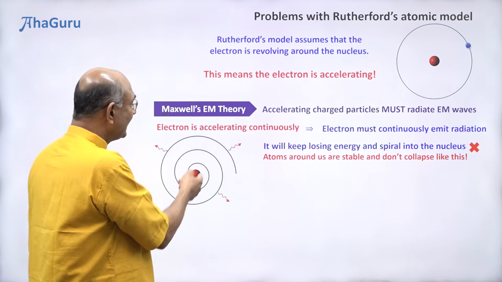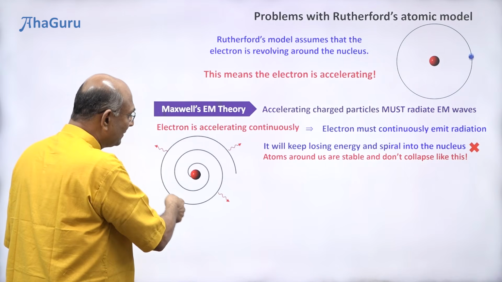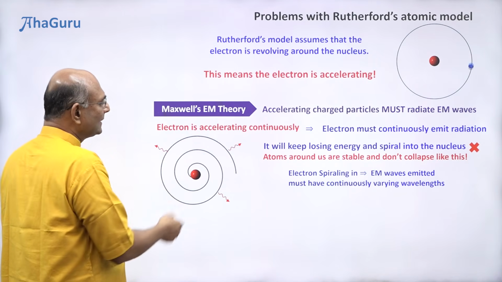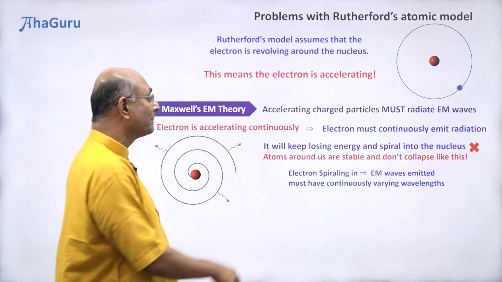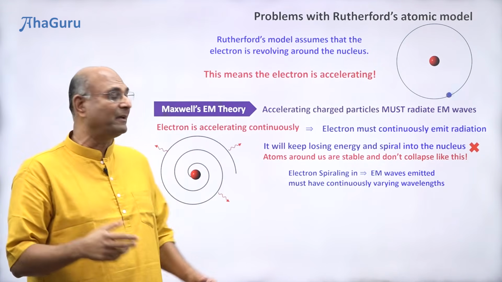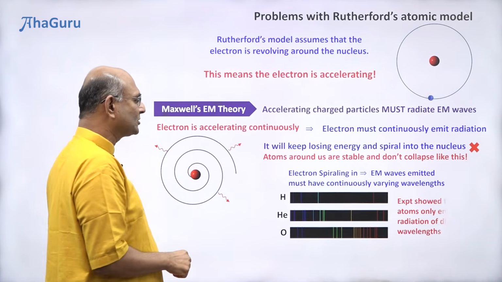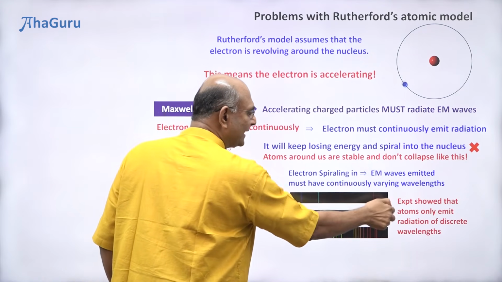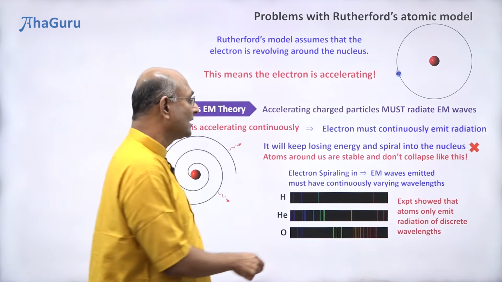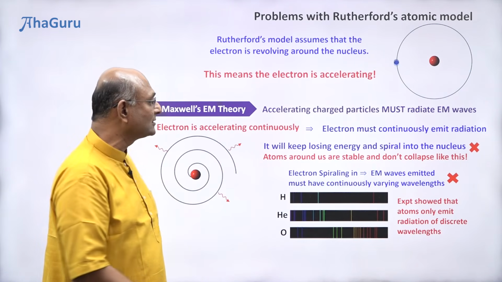Not just this. If the electron spirals in like this, the electromagnetic waves that are emitted must have continuously varying wavelengths. But in reality, experiments show that when atoms emit radiation, the radiation is of discrete wavelengths. So this statement also turns out to be wrong.